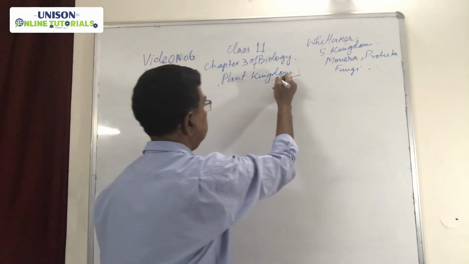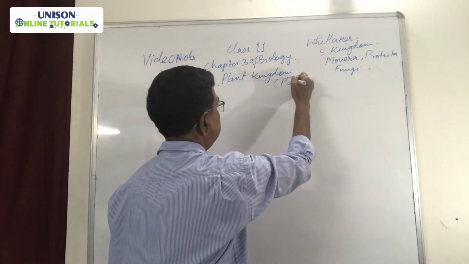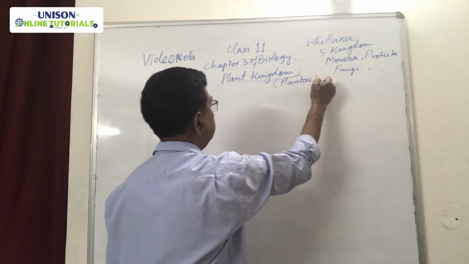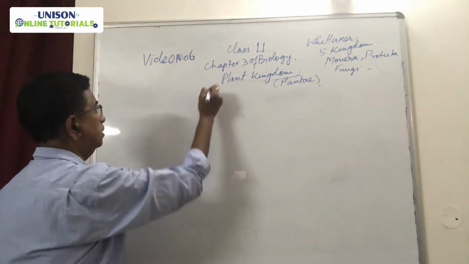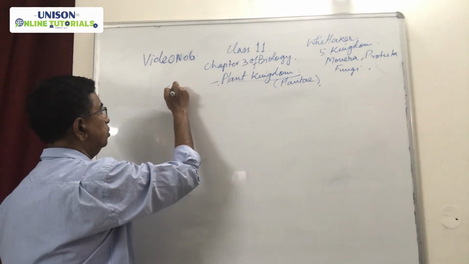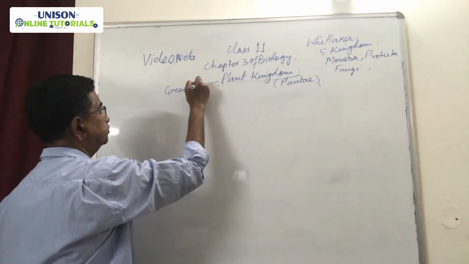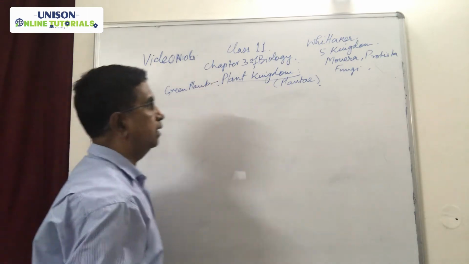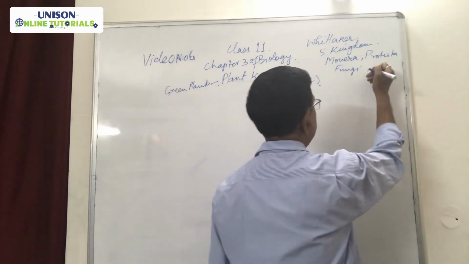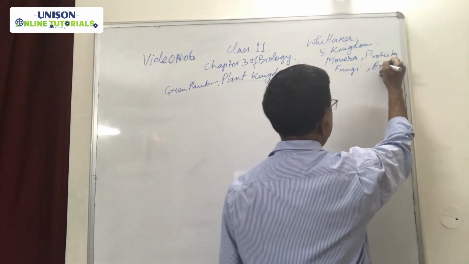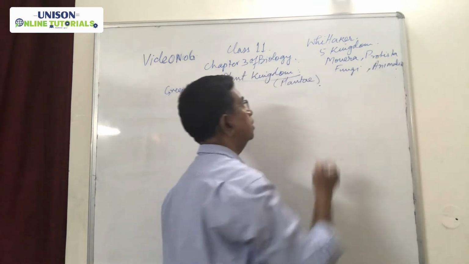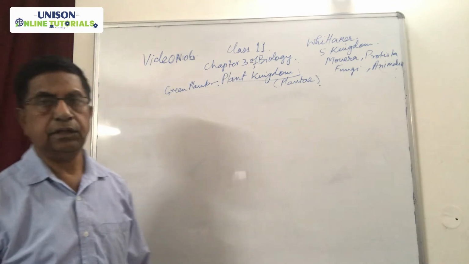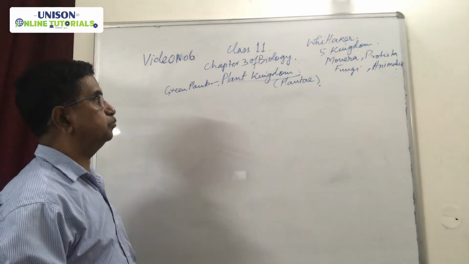It is biologically known as Plantae, but commonly known as plant kingdom. This plant kingdom includes green plants, and after it comes Animalia or the animal kingdom, the 5th kingdom given by Whittaker.